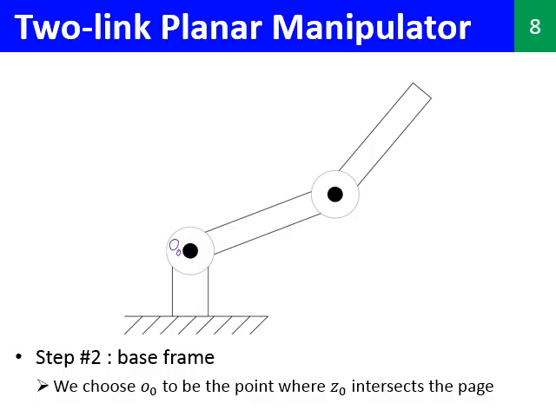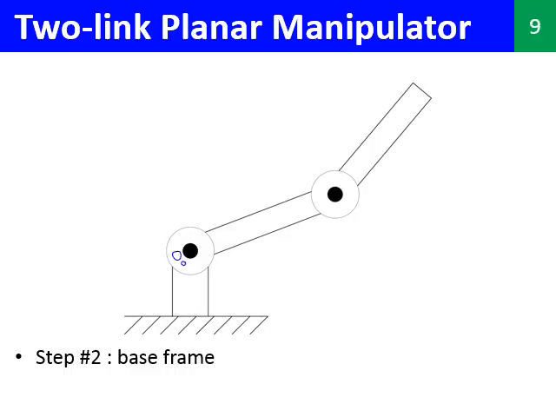Understood? So now we have Z0 and O0, the origin, and we are going to choose X0. The choice of X0 is totally up to you, but there are certain natural selections we often use. So maybe how about we choose X0 in this direction.